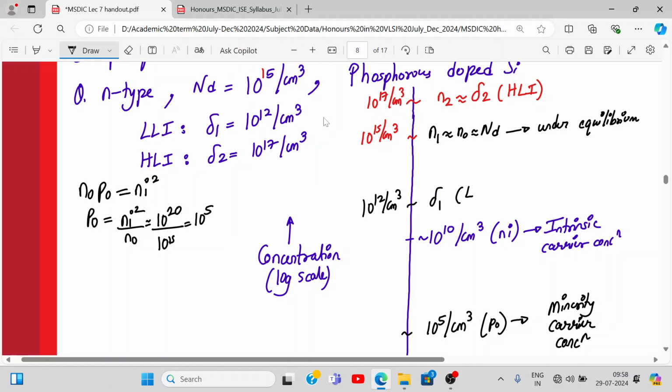This is low level injection. What is this delta N equal to? Excess carriers for low level injection, right? So N1 is equal to N0, right? What will this be? Equal to P1. P0 is here, minority charge carriers are here. 10 raised to 12 should also come somewhere, right? So what will it be?